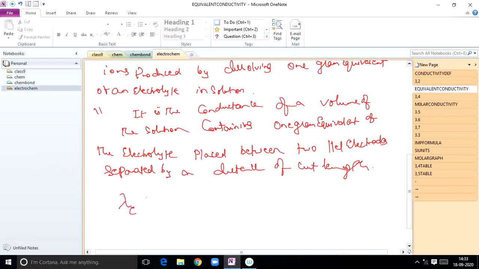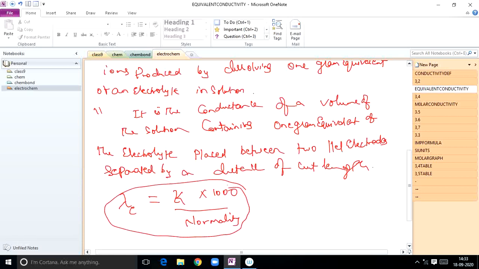So what is the relation between equivalent conductance and specific conductance? Lambda E is equal to specific conductance into 1000 by... previously, in the case of molar conductance, what is the formula? Lambda M is equal to K into 1000 by molarity. But here gram equivalents are taken, so you have to express the concentration of the solution in terms of normality. So whenever you find equivalent conductance, lambda E is equal to K, where K represents specific conductance, into 1000 by normality.